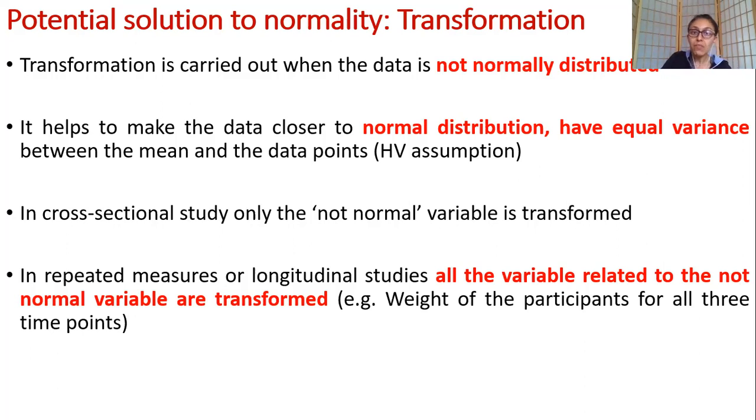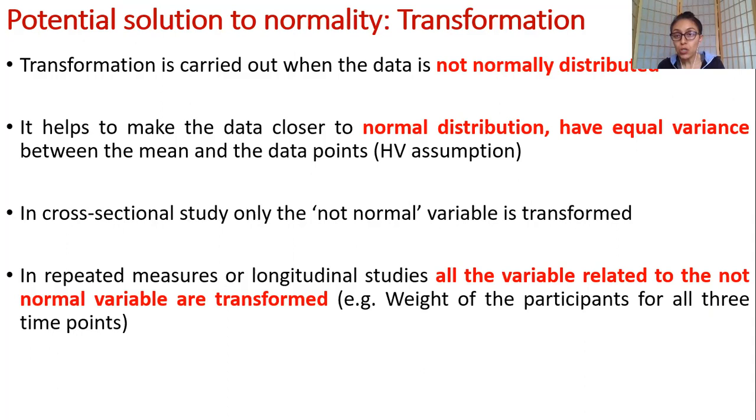All right. The other thing you have to remember about transformations: in cross-sectional studies, you transform only the not normal variables. But when you have longitudinal studies or repeated measure studies, for any analytical or statistical technique that you are using, regression or generalized linear models and so on, whenever you have repeated measures or longitudinal analysis where you're measuring the participant at 3 months, 6 months, 12 months, when one participant is measured many times, all variables related to the not normal variable should be transformed.